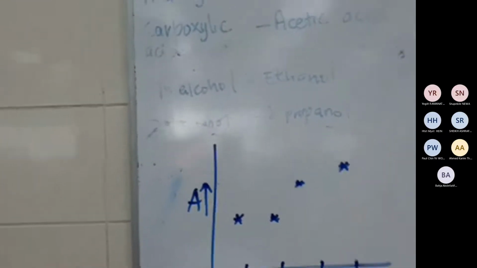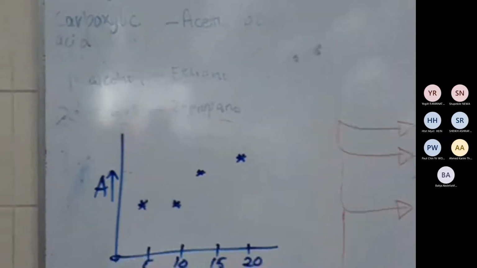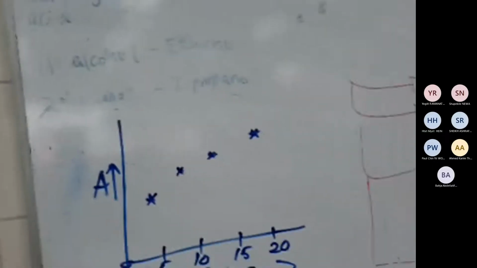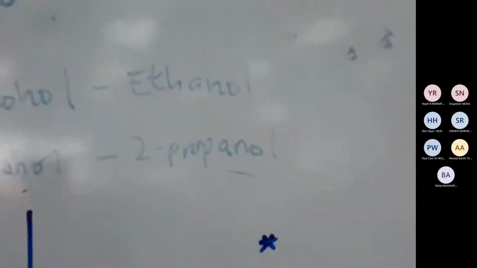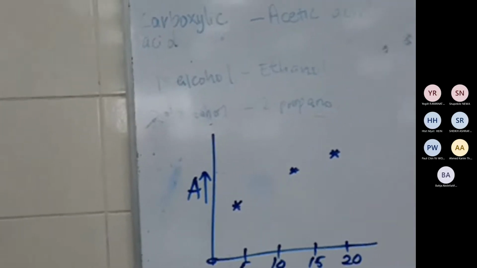That's what I was saying, that usually and ideally, you will get a straight trend. The 10 was supposed to be here so that it gets straight. But let's say the 10 is a little bit deviated, you make a mistake, a random error you produce.